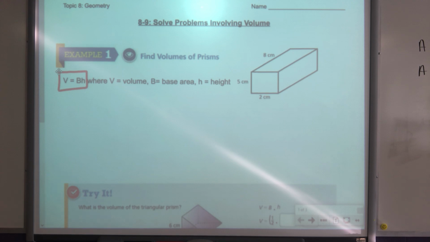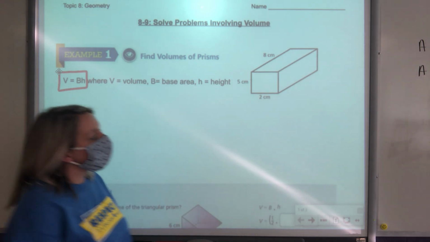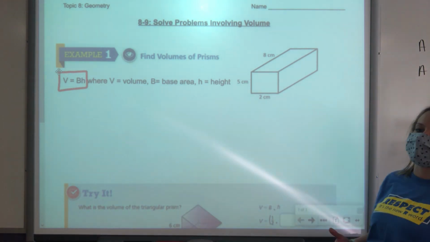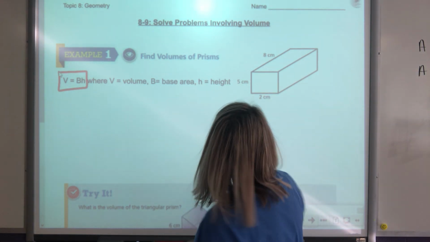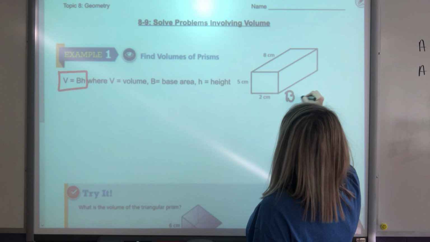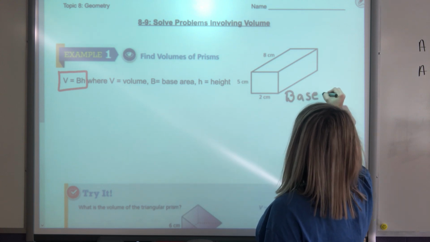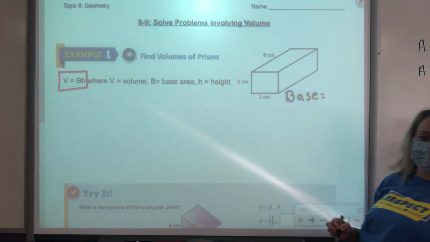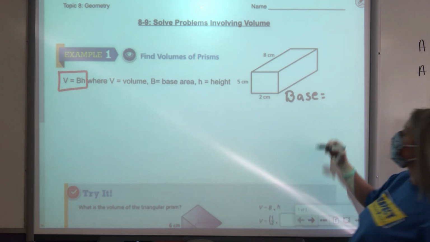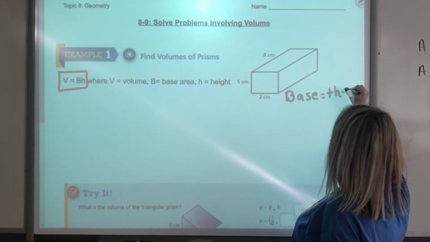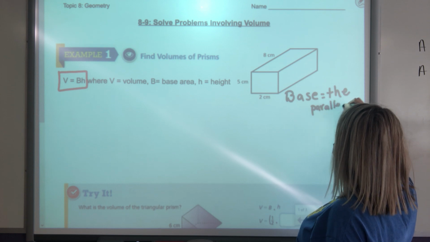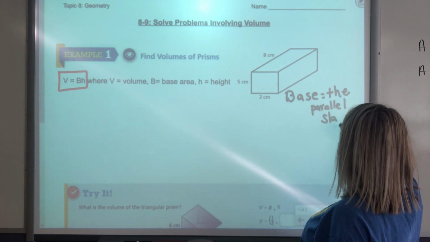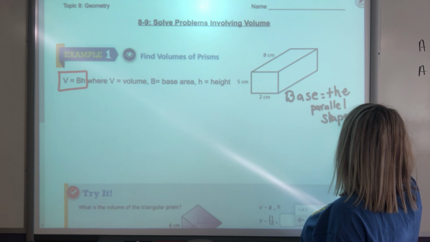Important things. So, things that we need to understand before we move on. When I'm talking about the base, our bases are the parallel shapes. Okay?